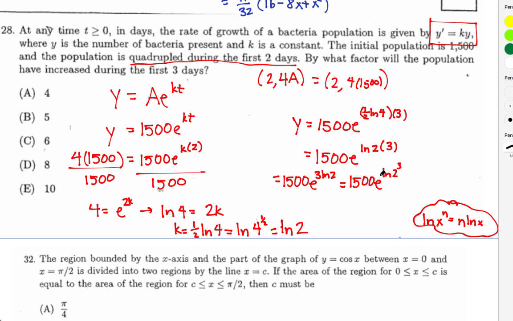They have to be literally touching. You can't have anything multiplied by it, otherwise we can't use that rule, and we would have gotten the wrong answer. So once you isolate ln of something, then the e undoes it. And so we have 1500 times 2 cubed, which is 8. So by what factor will it have increased? By a factor of 8. So D is our answer there.